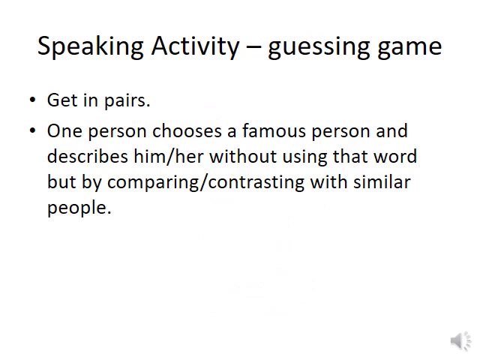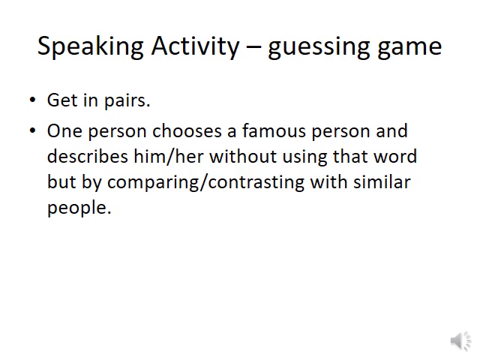Another game for you. Again, this is a lot of fun. If you are in pairs, one person chooses a famous person and describes him or her without using their name, but by comparing or contrasting him with similar people. So you could choose Harry Potter or David Beckham or George Clooney or anyone you like, and then you could say, Harry Potter is younger than me.